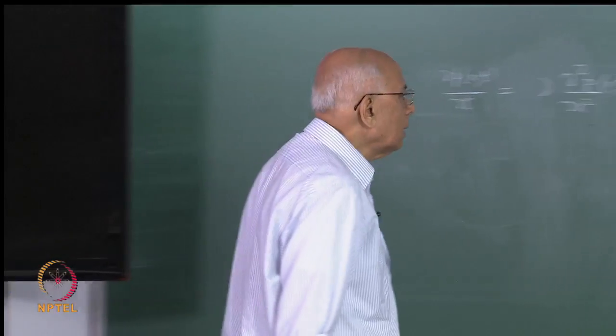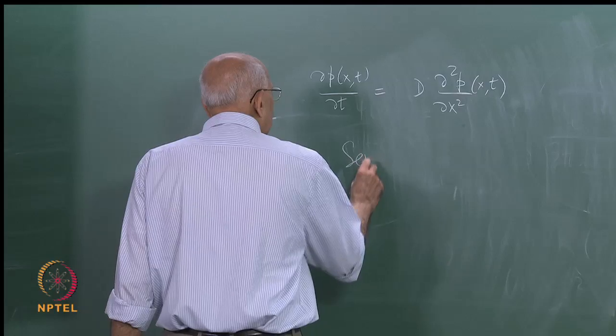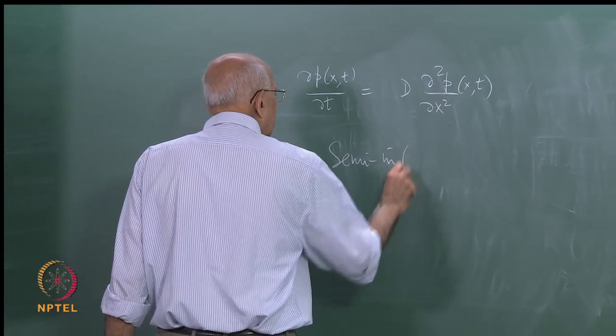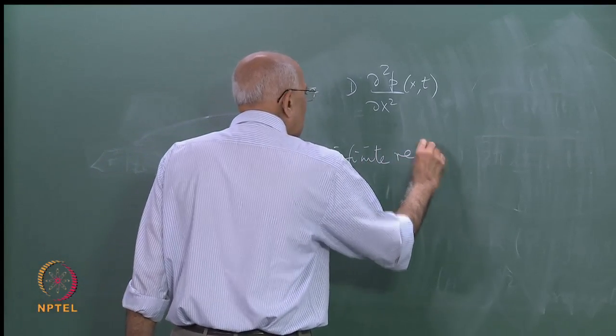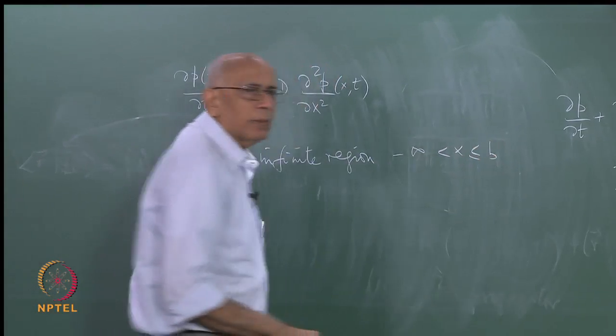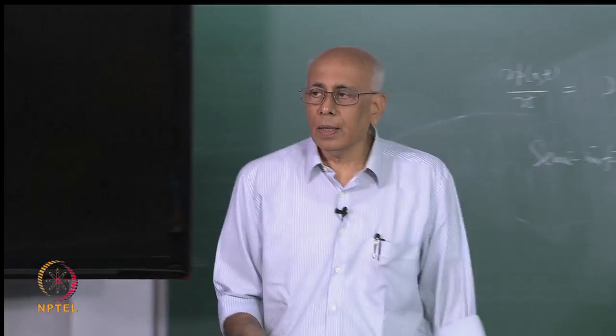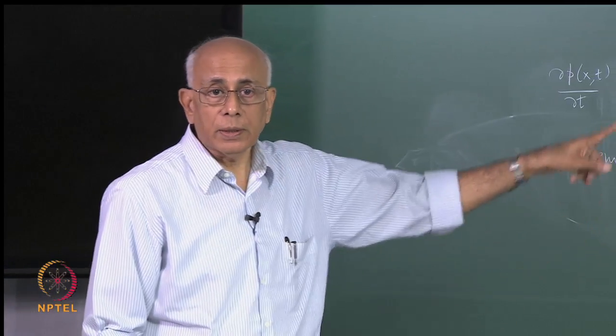So the physical region, let us say the simplest case would be a semi-infinite region, minus infinity less than x less than or equal to B, that is my region. Okay. And I ask, what is the solution to the diffusion equation with these two boundary conditions here?